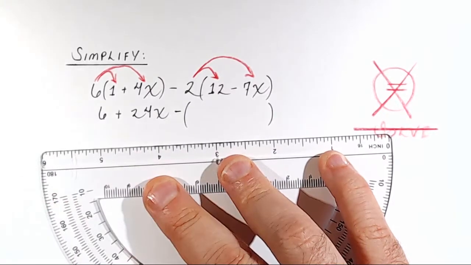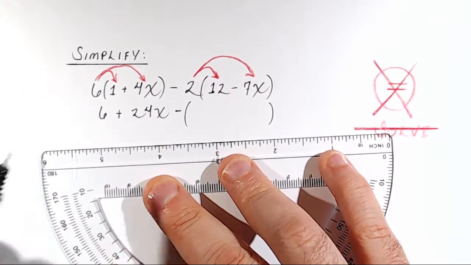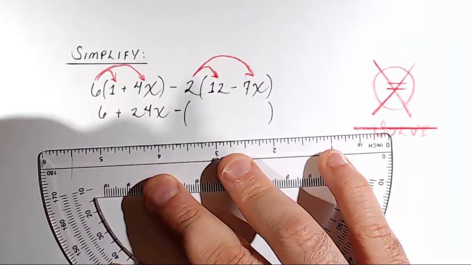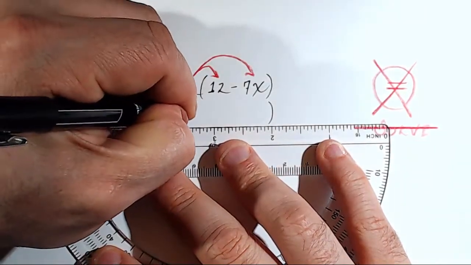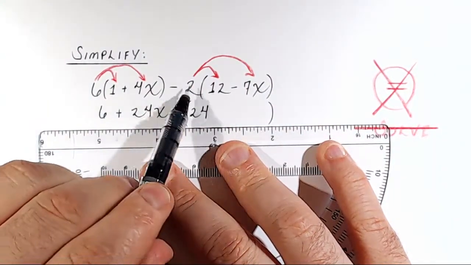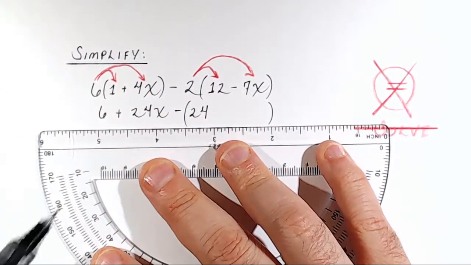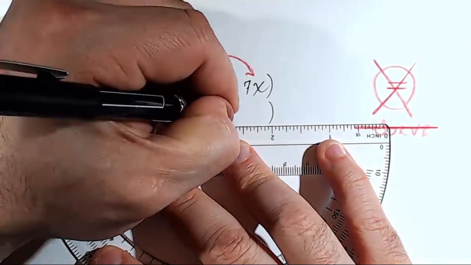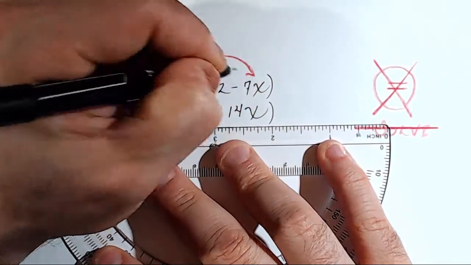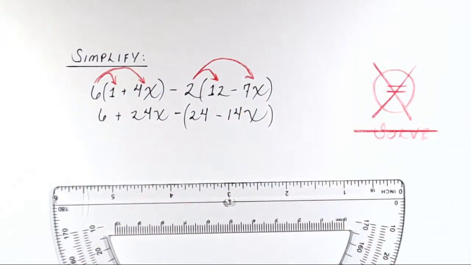And I'll show you why in just a moment. So, my first step is to multiply 2 times 12, and that is 24. And my next step is to multiply 2 times negative 7x, and that is negative 14x. Okay, so that is the state of the problem at this point.